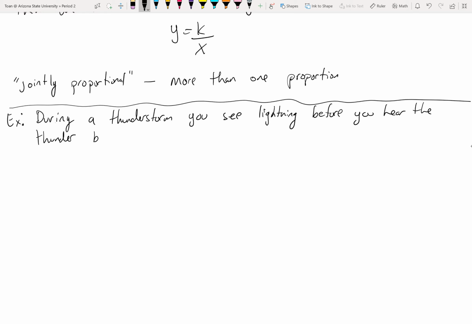Your phone would be a good conductor because light travels much faster than sound. So if you've never taken physics, that is true. Light travels a heck of a lot faster than sound does.